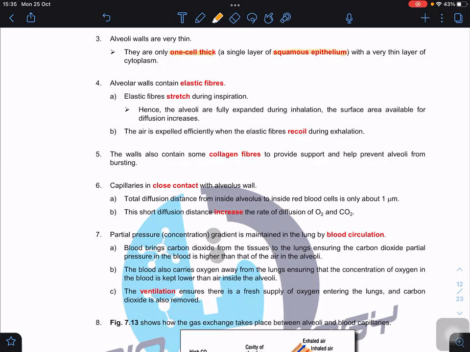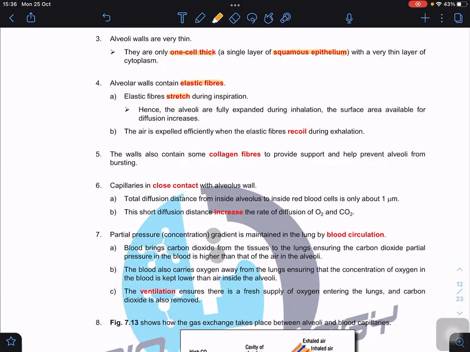Okay, and if you look at the alveolar wall, it contains what we call elastic fiber, similar to the elastic fiber found inside our tunica media. This elastic fiber can be stretched, so the wall can be stretched during inhalation. It allows the alveoli to fully expand, giving a high surface area for the diffusion.